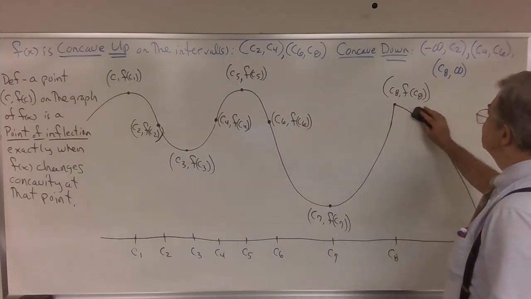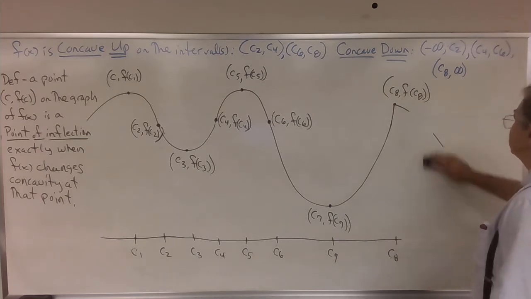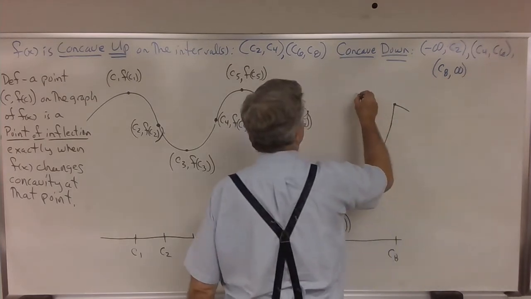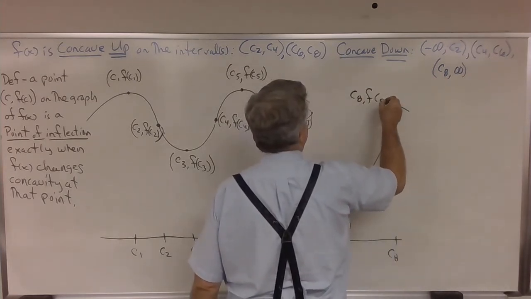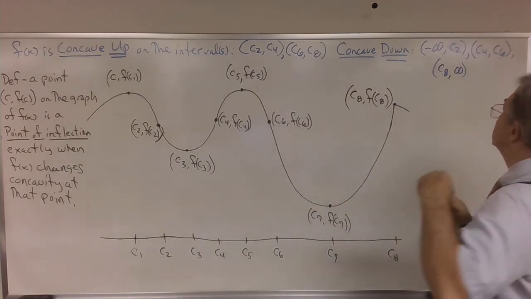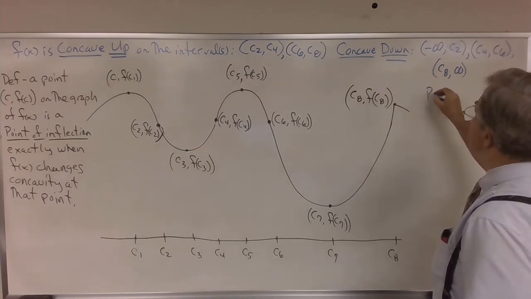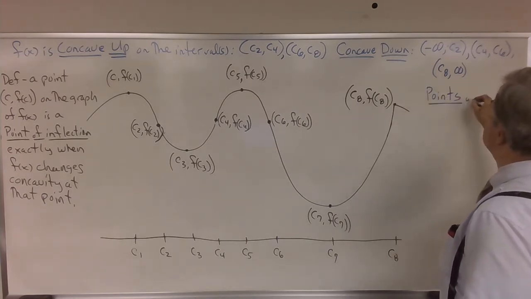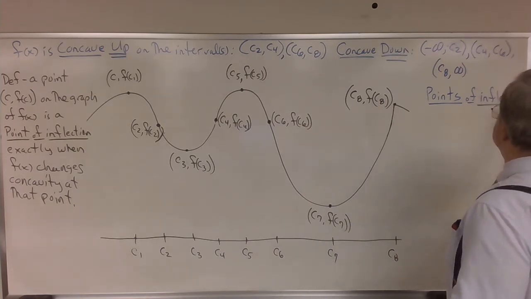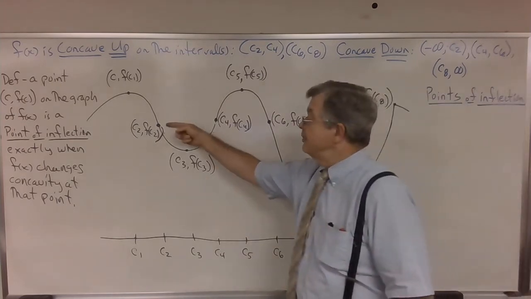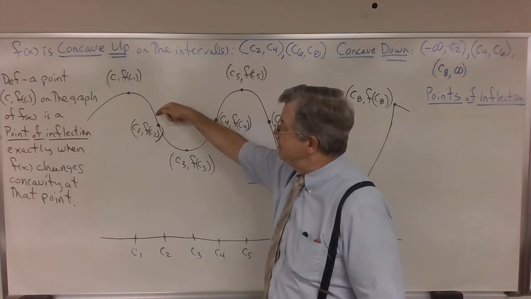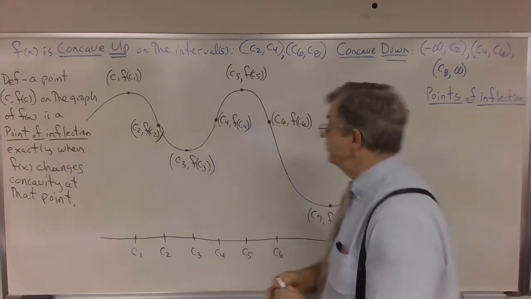And I'm going to clear out some more space here and maybe move that label. Points of inflection. Here's one. C2, f of C2. The graph changes from concave down to concave up at that number.